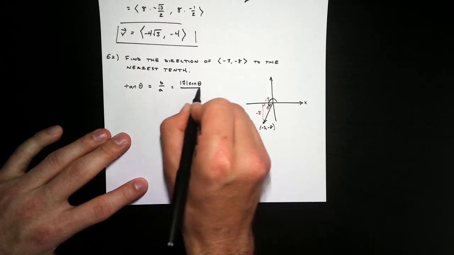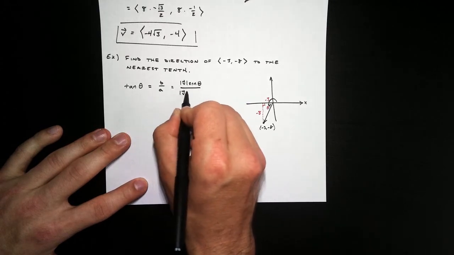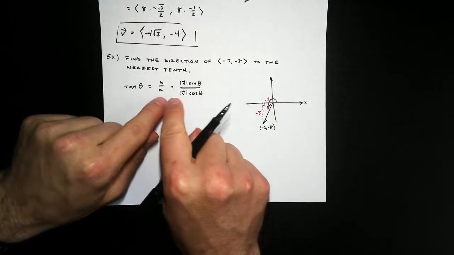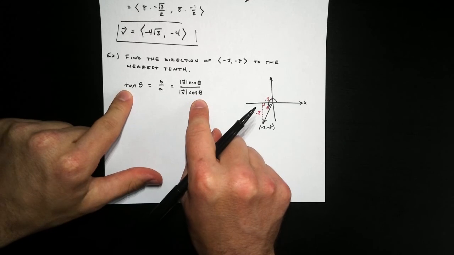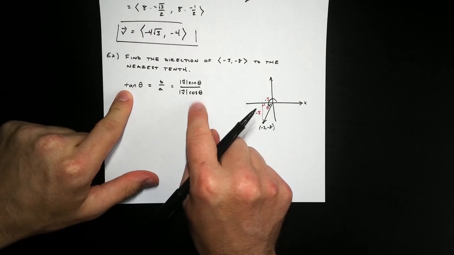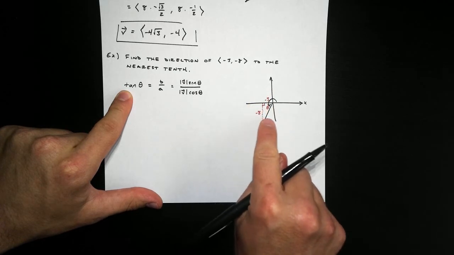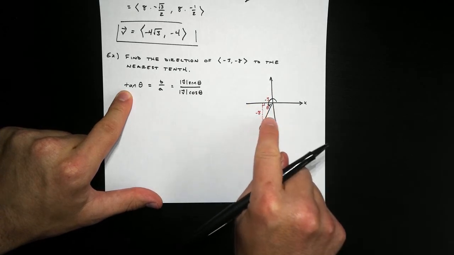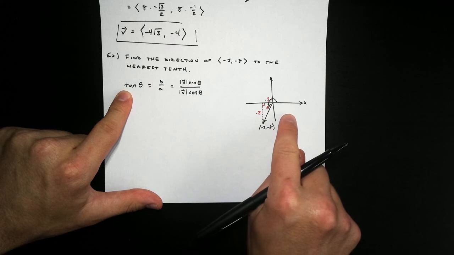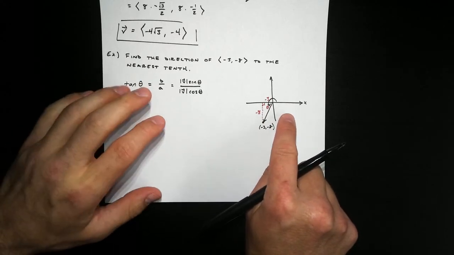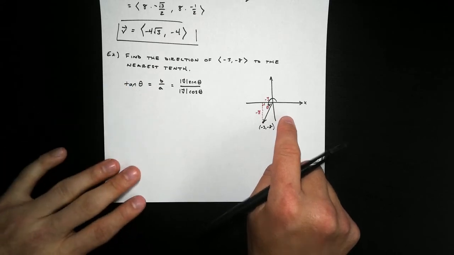That's our vertical change. And our horizontal change, it's like this. This general form is always going to work. The only thing that we need to be careful of is once we get to the angles that are bigger than 180, the ones that are down here in quadrant 3 and quadrant 4, we may need to work with it a little bit so we end up with the correct answer.